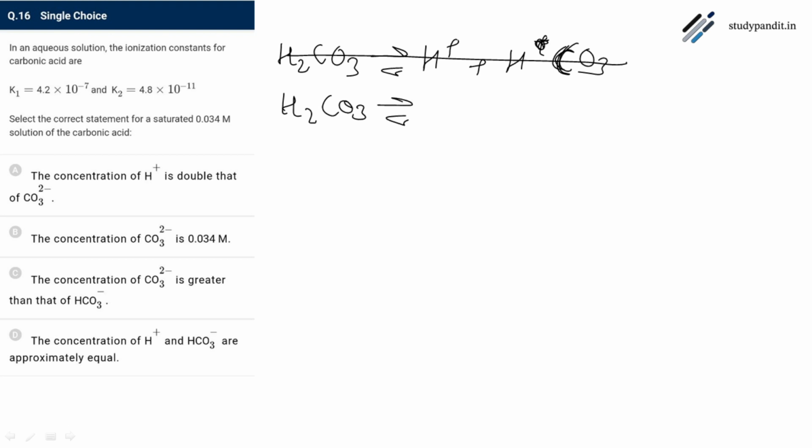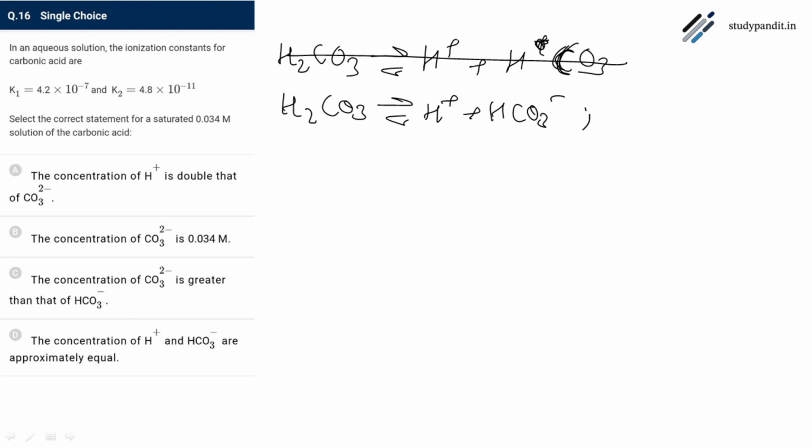Carbonic acid, when in aqueous solution, ionizes into H2CO3 giving H plus plus HCO3 minus.